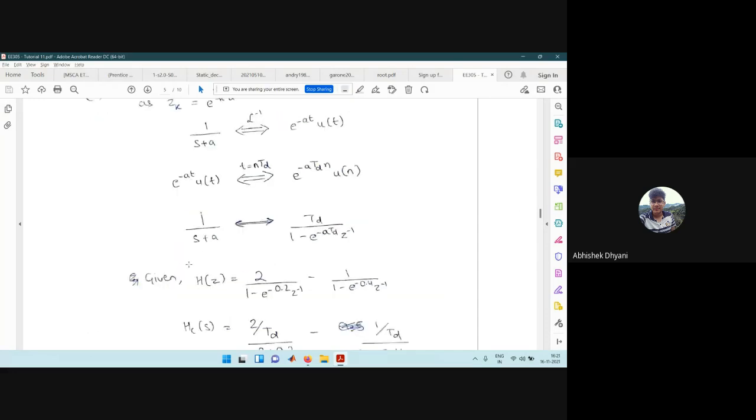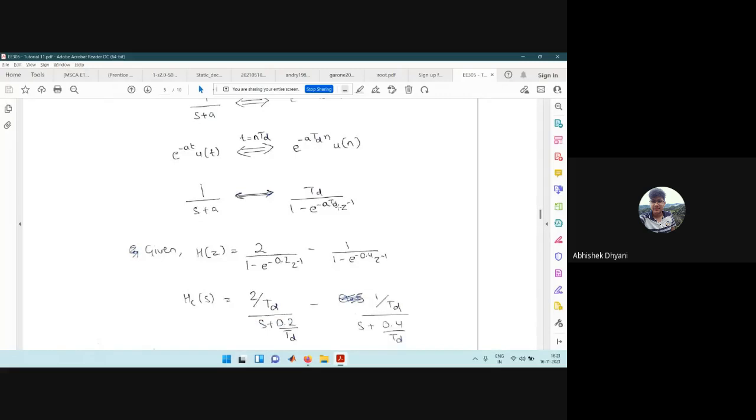And now this is H(z) that has been given to us. Now our job is to map this back to the s domain, and you can see the relation between this part and this part. So this part clearly tells us that TD is 2, right? And a times TD is equal to 0.2.